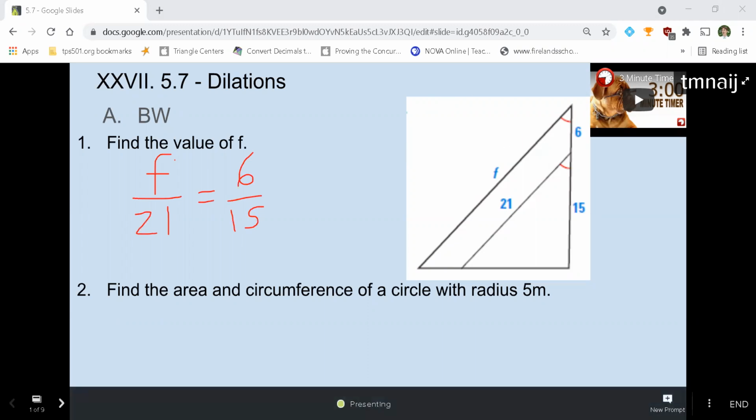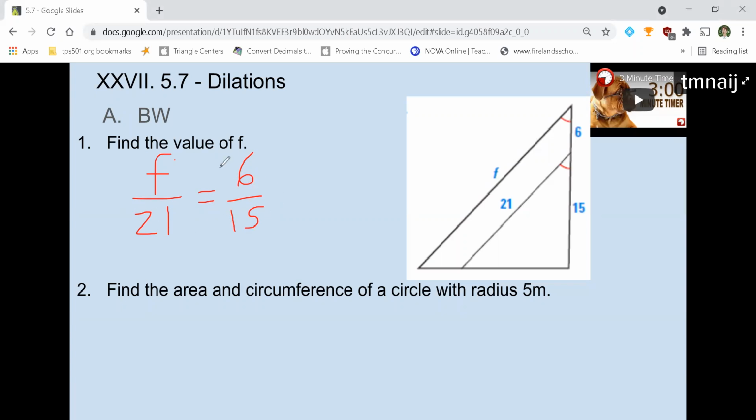That proportion is not correct. Cole, what do you think is wrong with that proportion? One of these numbers is not right. No, that one's okay, 15. The 6 is not right.